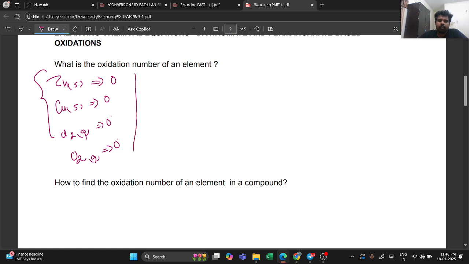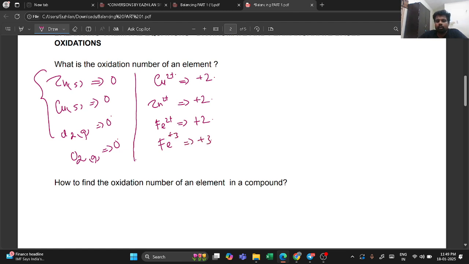Then we will go to ions. For all the ions, for example Cu2 plus, the oxidation state is +2. The charge is equal to its oxidation state. Zn2 plus has a charge of 2 plus, so its oxidation state is +2. Then Fe2 plus, the oxidation state should be +2, and Fe3 plus should be +3.